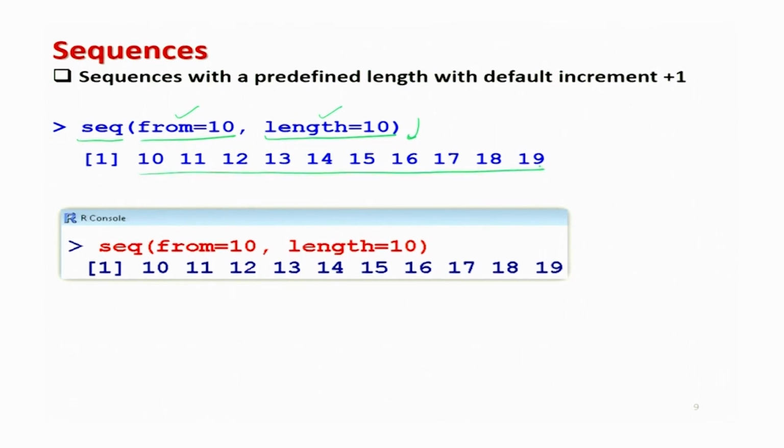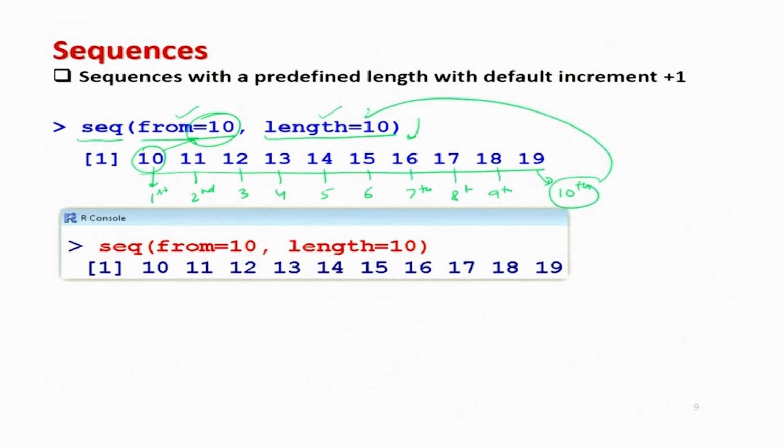This is beginning at 10, which corresponds to from, and this is my first value, 11 is my second value, 12 is third, 13 is fourth, 14 is fifth, 15 is sixth, 16 is seventh, 17 is eighth, 18 is ninth, and 19 is the 10th value. So this 10 corresponds to length 10, right. There are 10 elements in this sequence, beginning at 10.